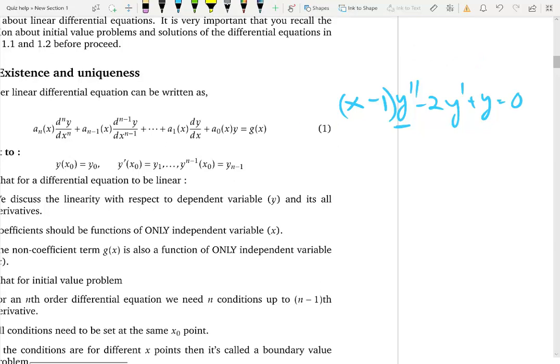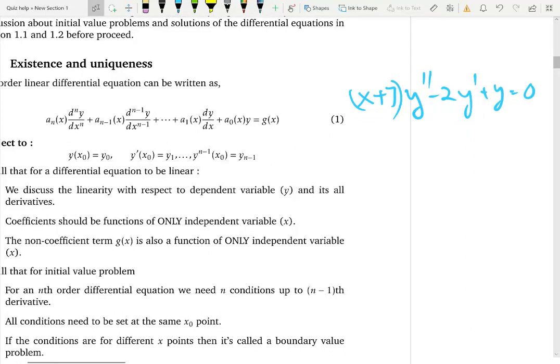Alright, now the third condition is, let's change the differential equation to a simple one, x plus 7, something like that. Okay, the third condition says your initial condition should be inside the interval. So your initial x point, not the initial condition, the x point in the initial condition.